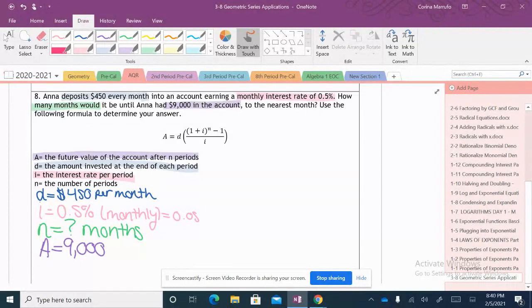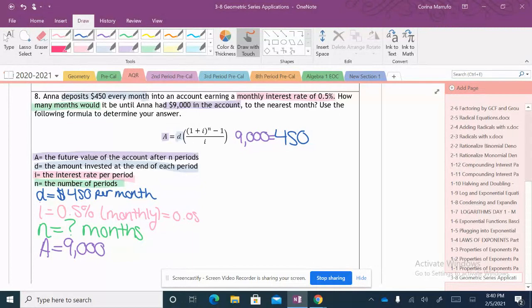So I'm going to go ahead and plug all of this into our formula here. We know A is equal to 9,000, because that's how much we want in the account. The deposits that we're going to make are going to be $450 per month. So $450.